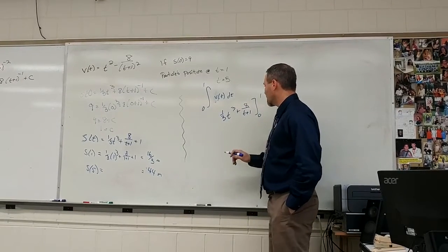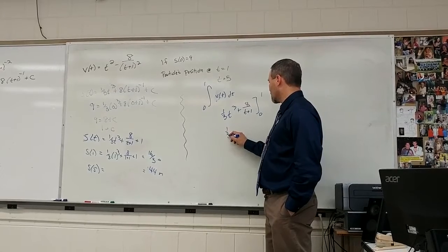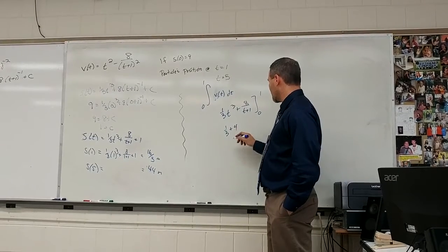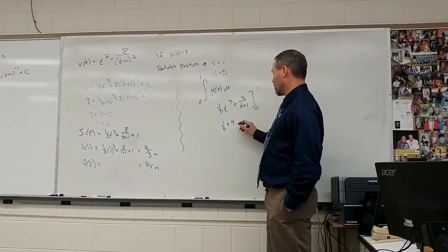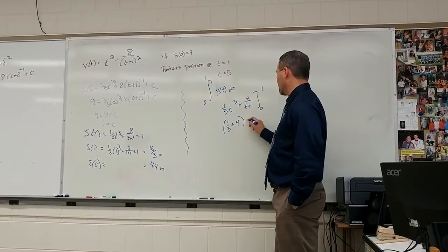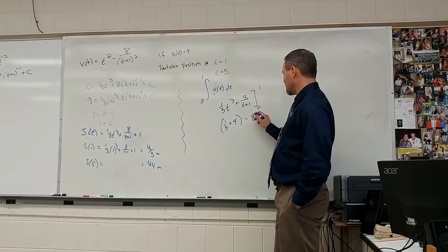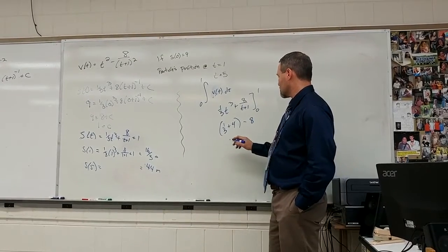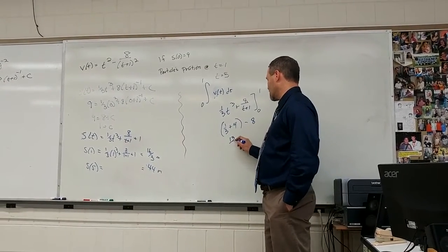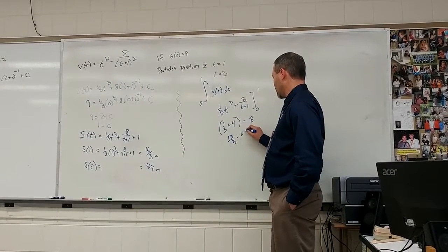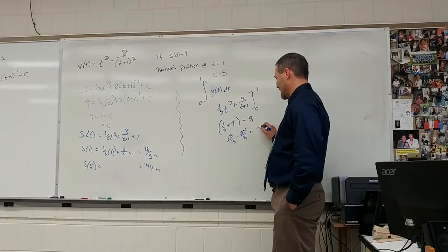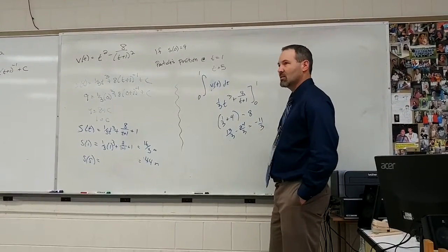From 0 to 1, I will get 1/3 plus 4, which is 4 and 1/3, minus 8. So 13 thirds minus 24 thirds gives me negative 11 thirds.